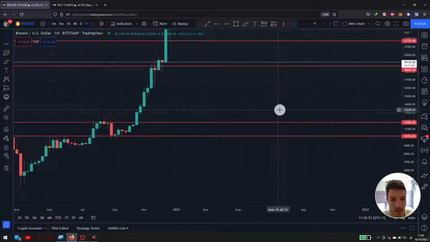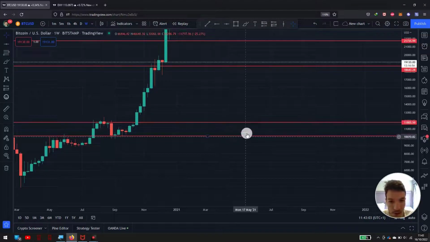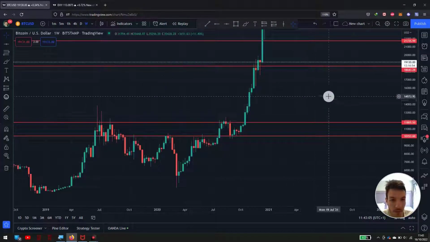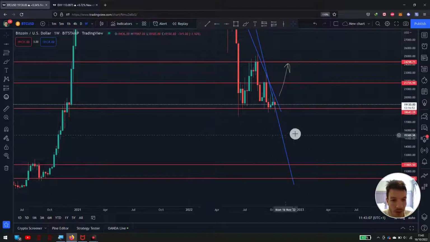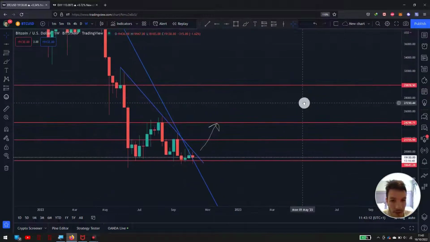No, support is a range between different prices, between two prices. So you can see that we have this price here and this price here, so Bitcoin can go to this area here, if it goes to the downside.